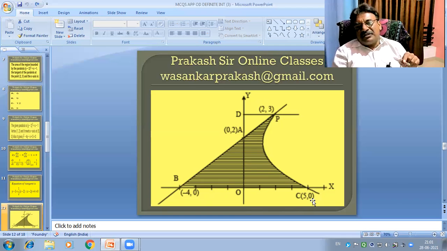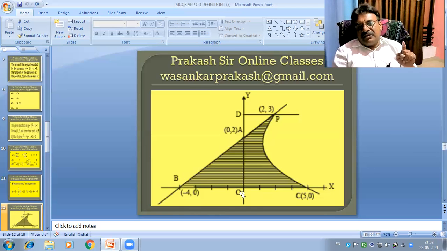And then we find the area bounded by the curve, this tangent and the coordinate axis. The shaded region is the required area. To find this area, first we find the area of the triangle ABO.